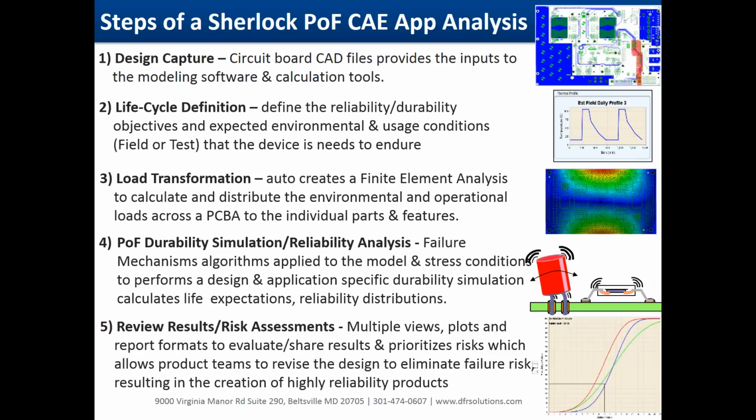And what we do is produce a number of different types of charts and plots and analysis that show you when failures are expected to occur and what kind of growth rate they're going to occur at for each kind of failure mechanism your product is susceptible to. And we also then come out with a Pareto list saying which parts are going to fail first, second, third, fourth, fifth, and why.